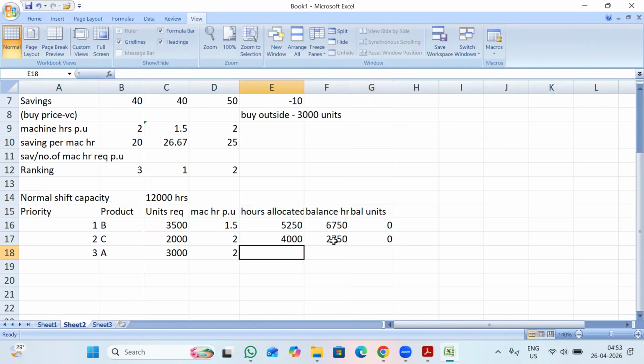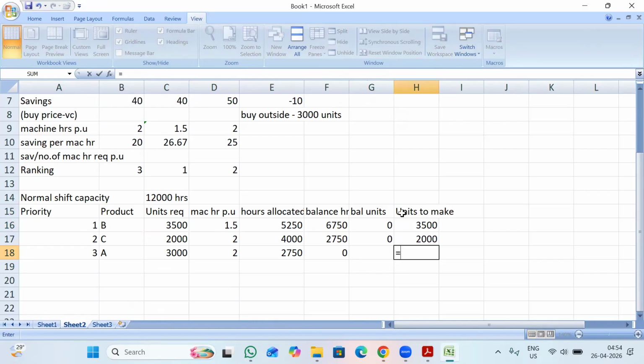For A, I'm having just 2,750 hours, and I want to utilize all of them, so I don't have any balance hours. How many units can I produce? I want to calculate the units to make, with reverse working.